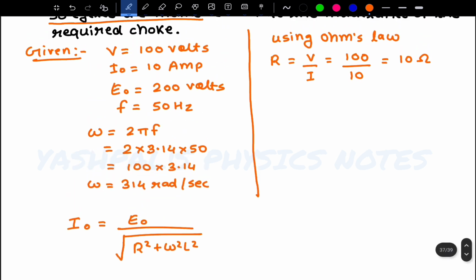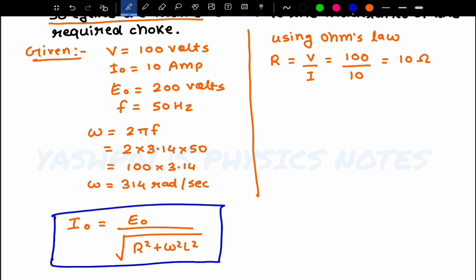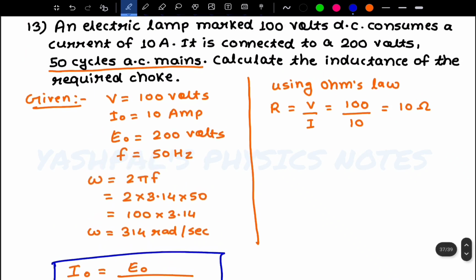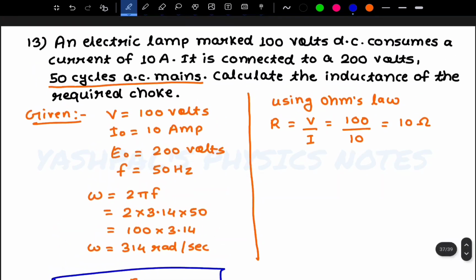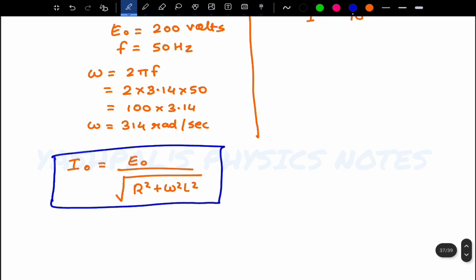As given in the question, all components are present in this equation. The value of I naught is 10 ampere, E naught is 200 volts, R we just found out as 10 ohm, omega we found out as 314 radian per second. And we just need to find the value of L, that is inductance.